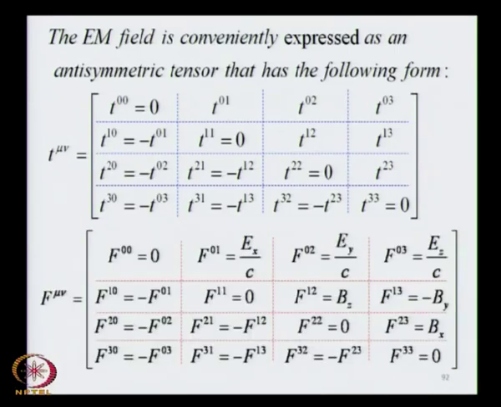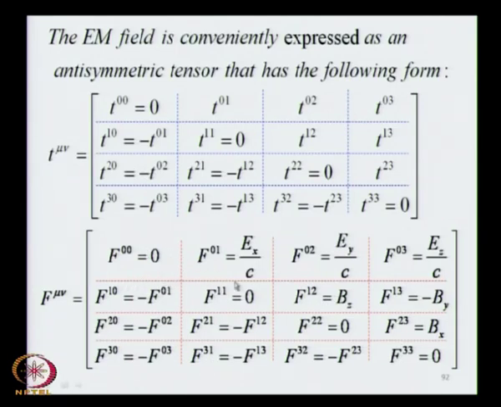So, in this notation you can write the electromagnetic field. The electromagnetic field in our usual vector notation is made up of Ex, Ey and Ez. So, they are appearing over here. This is Ex, this is Ey and this is Ez, and in terms of this antisymmetric tensor, the electromagnetic field is expressed by this 4 by 4 matrix which is an antisymmetric tensor.